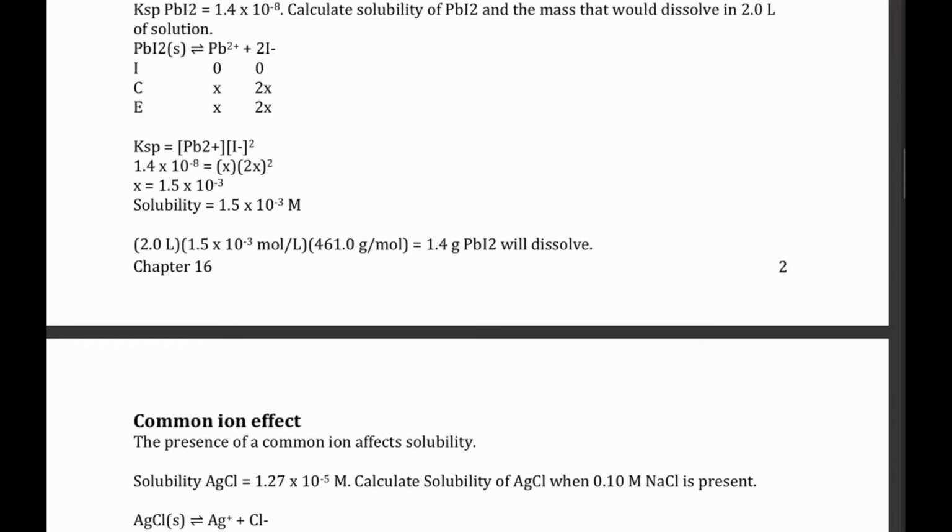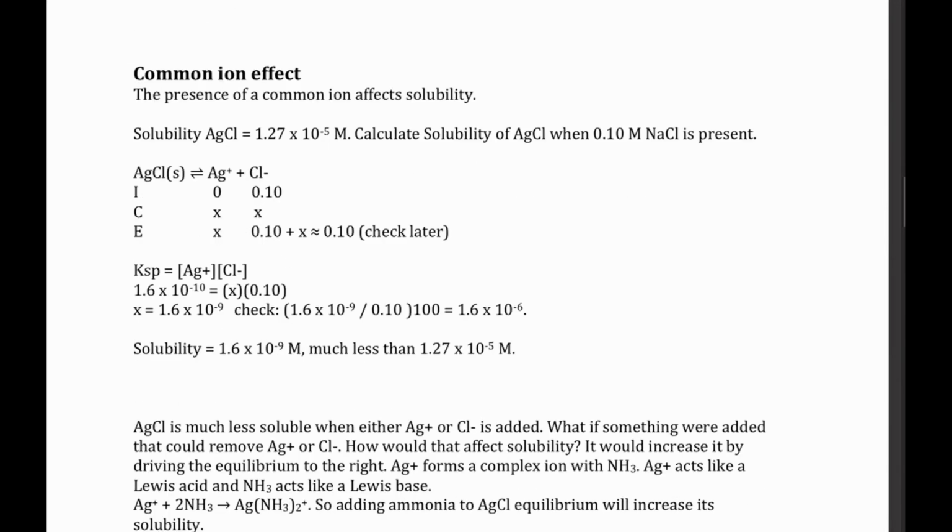So now, going on to the next topic, which is the common ion effect. We talked about the common ion effect back in chapter 15, and the presence of ions affects solubility in the case of these slightly soluble salts.